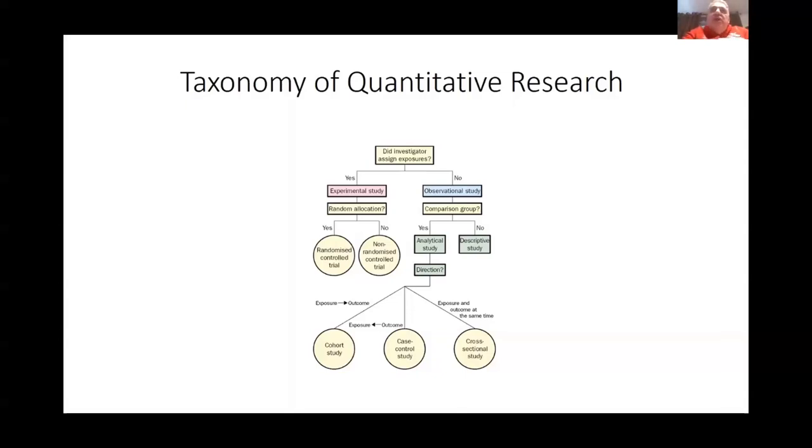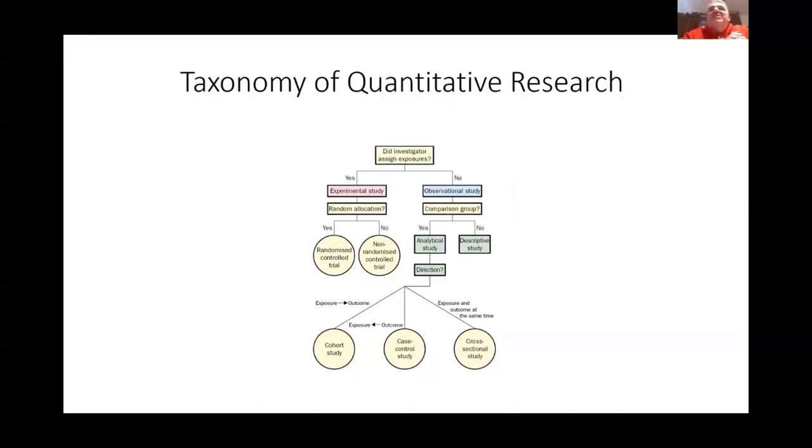Like a leukemia patient versus a healthy participant, and I will look into the risk factors that might contribute to the occurrence of this leukemia. So I select my patients based on their disease status, not on the exposure like I did in the cohort.